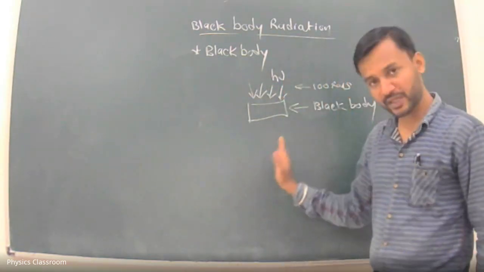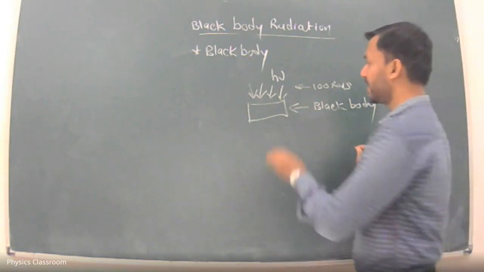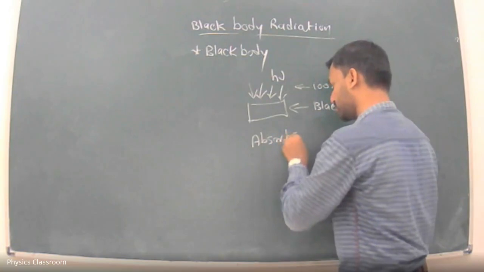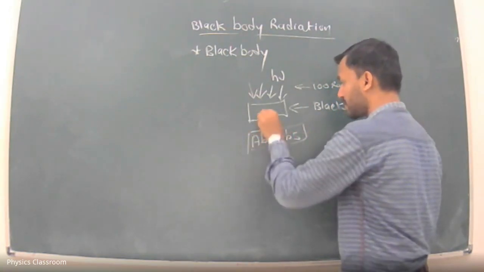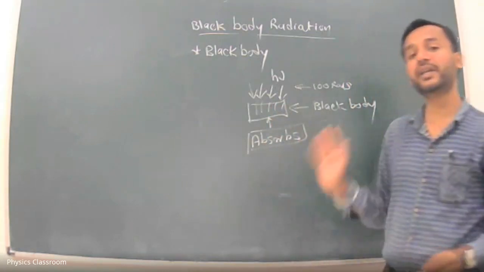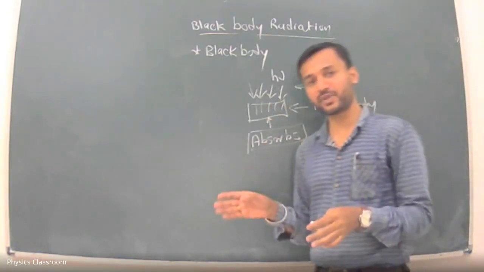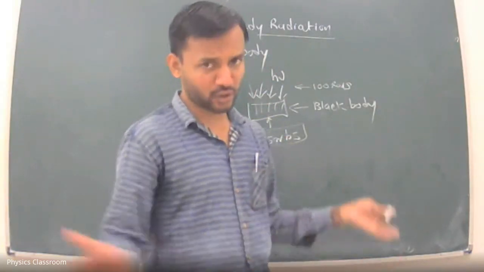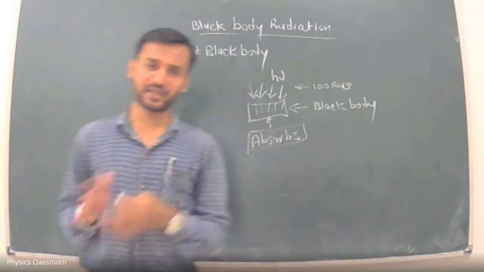If it is a perfectly black body, it absorbs all types of radiation falling on it. That means there is nothing to lose.